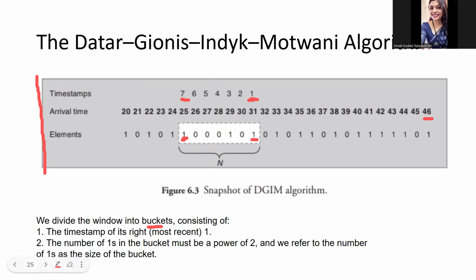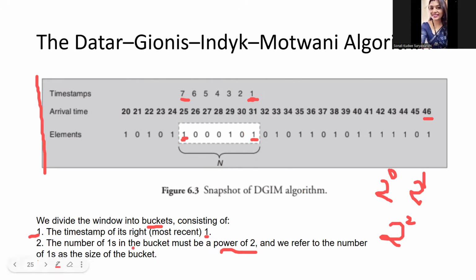Here, we divide the windows into buckets. Buckets consist of timestamps. The rightmost, most recent timestamp is always 1. Also, the number of ones in whatever buckets you form should always be a power of 2, that is 2 to the power 0, 2 to the power 1, 2 to the power 2, likewise.